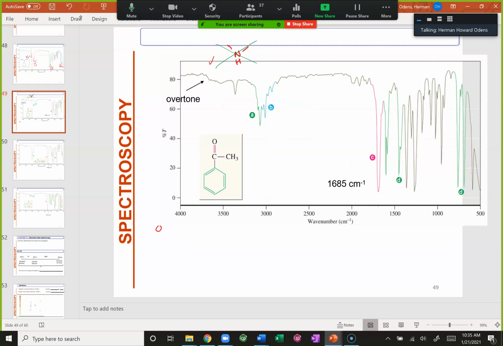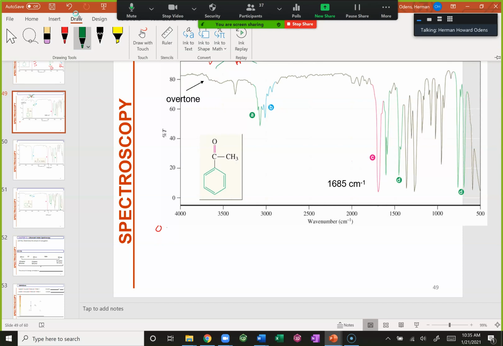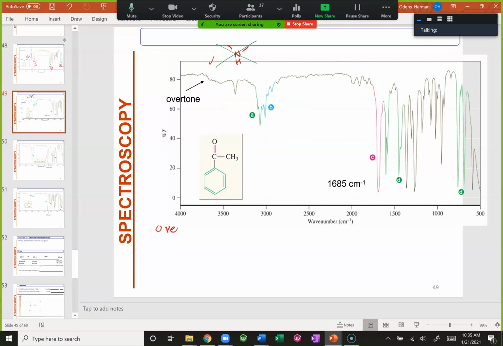In this case it is 1685. So an overtone is equal to 2 times the carbonyl. So we have 1685.